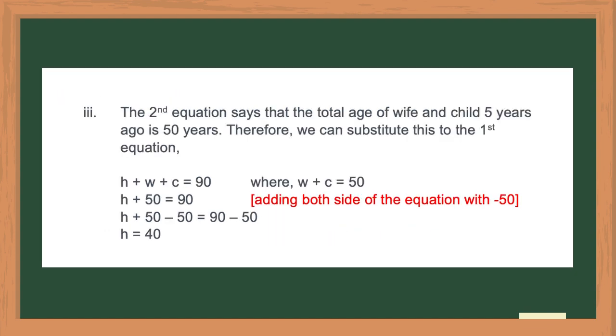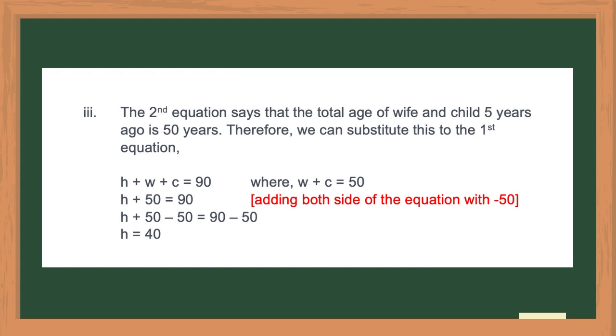By noticing the first and the second equations, the total age of wife and child is 50 years. Therefore, we can substitute this into the first equation. The first equation is H plus W plus C equal to 90, where W plus C is equal to 50 from the second equation.